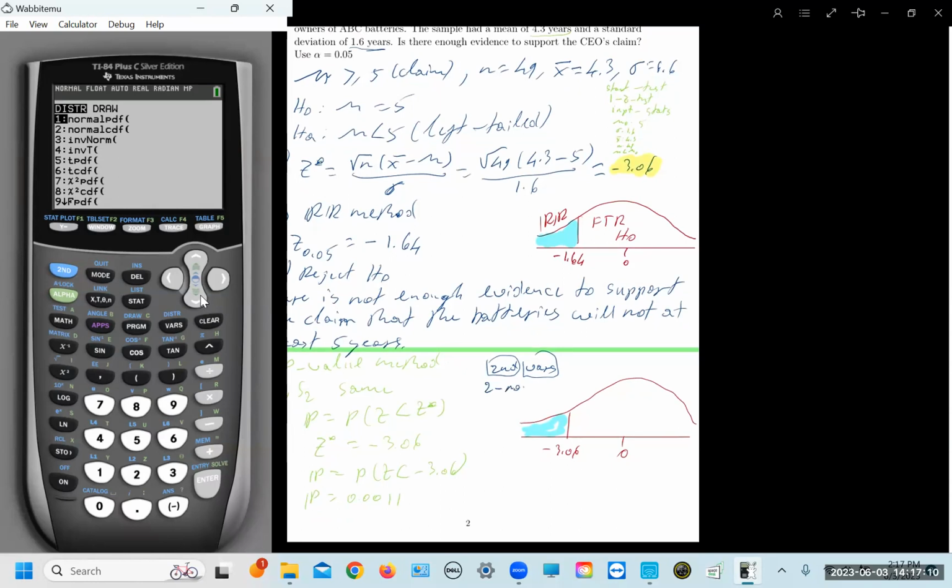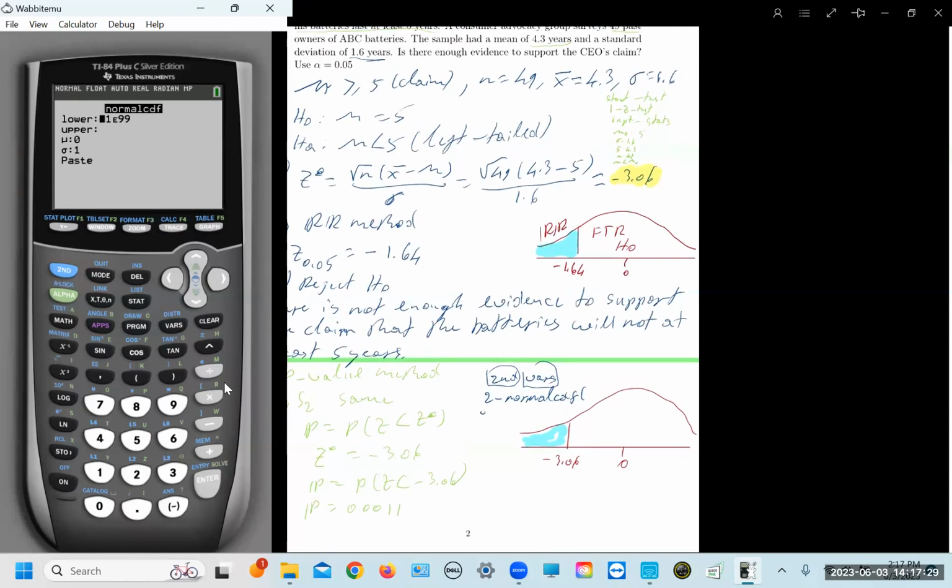Normal CDF. So we hit number 2, normal CDF. Okay, hit that. And the lower is minus 9999, whatever you call.